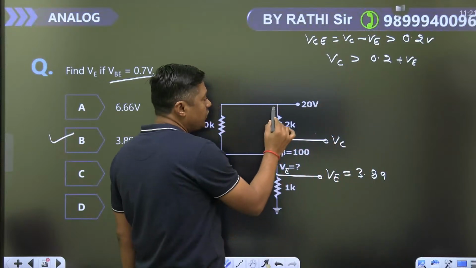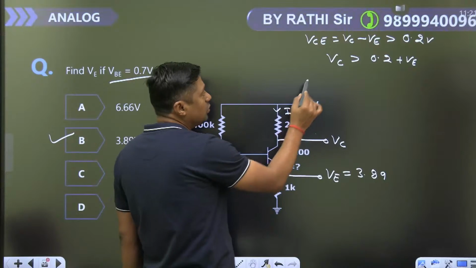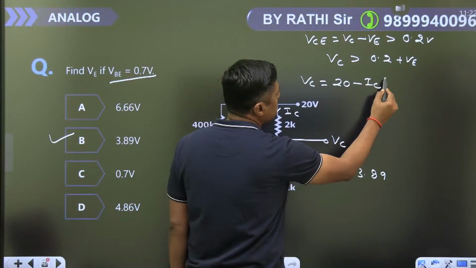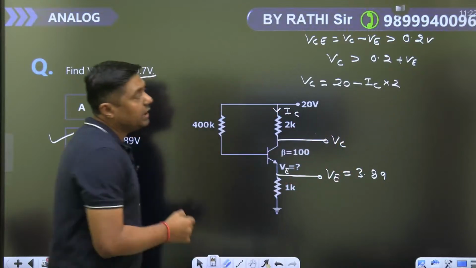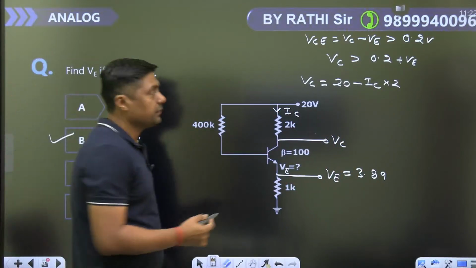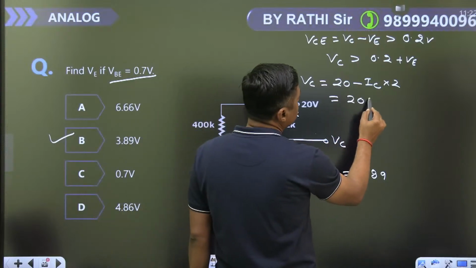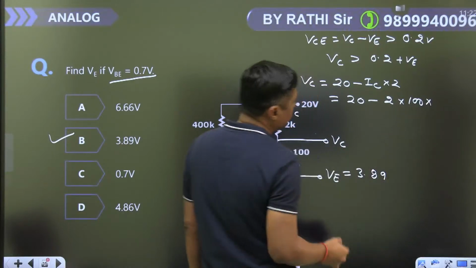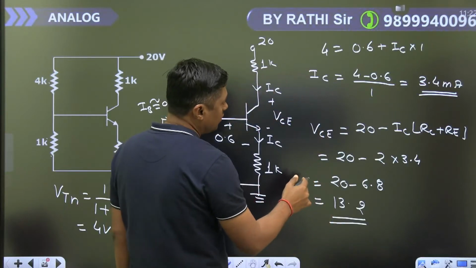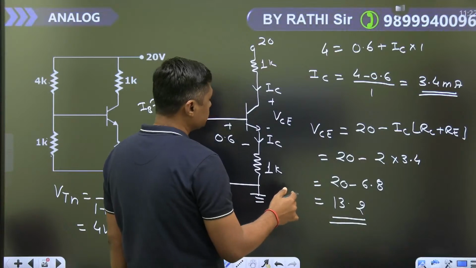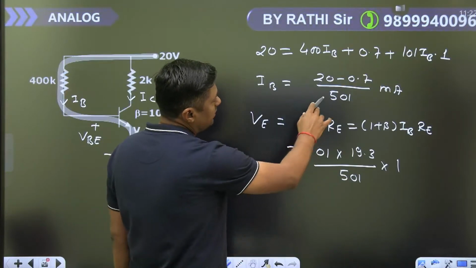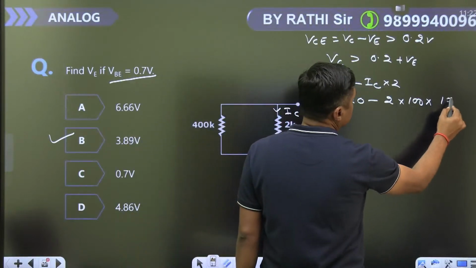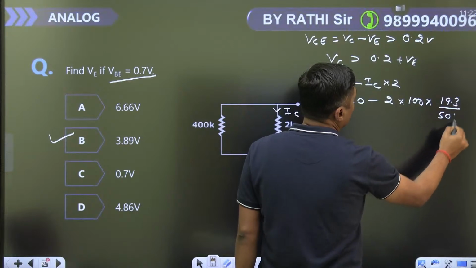So how can we find the value of VC? VC is equal to 20 minus IC into RC, into 2 kilo ohm. And what is IC? Beta times IB. Beta is 100 and IB we have calculated: 19.3 upon 501.